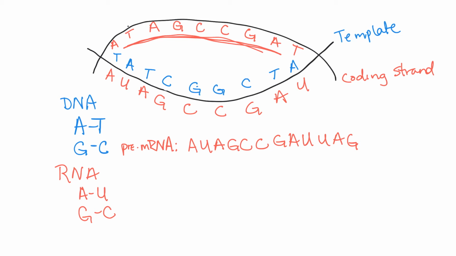In order to prepare the pre-mRNA to leave the nucleus, we first have to take out the introns and splice together the exons, and then add a poly A tail to the 3' end and a 5' G cap. But for our purposes, we're not going to do the RNA processing.